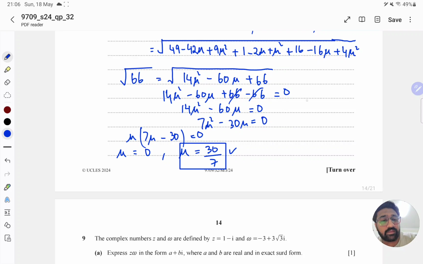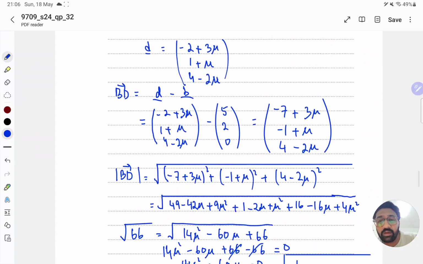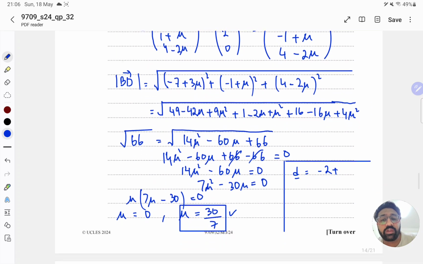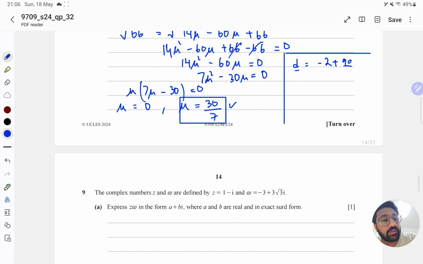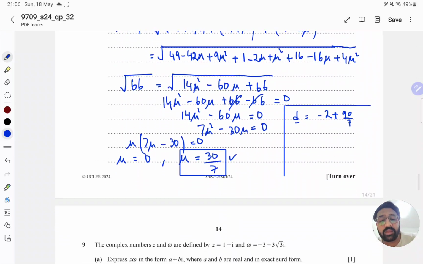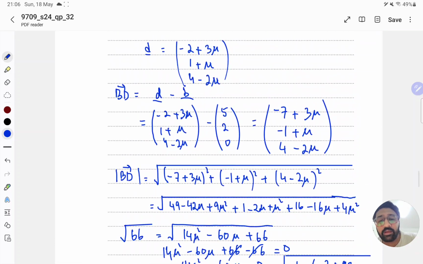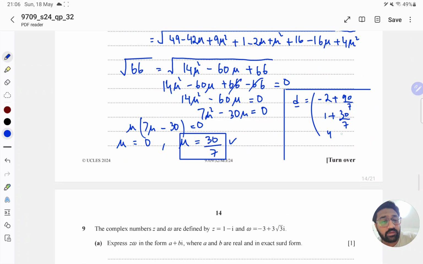So we'll substitute this into the equation of L2. So equation of L2 is minus 2 plus 3 times mu, which is going to be 90 by 7, 1 plus mu, 1 plus 30 over 7, and the last will be 4 minus 60 over 7.